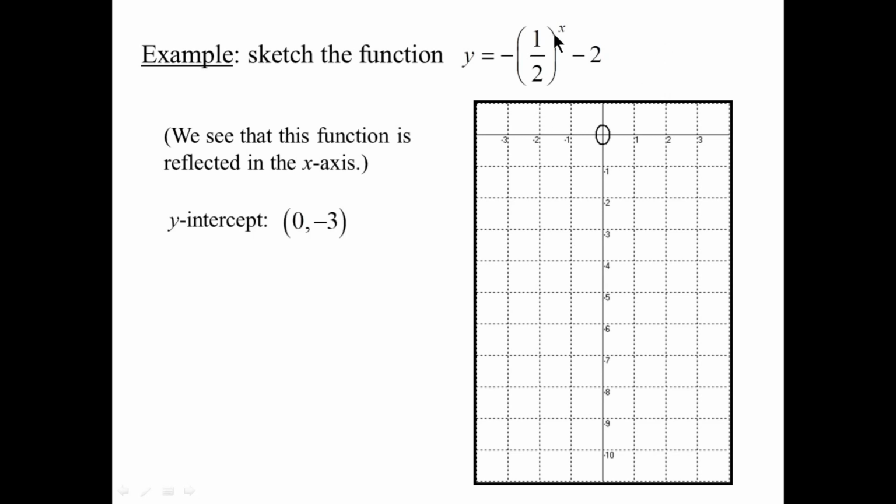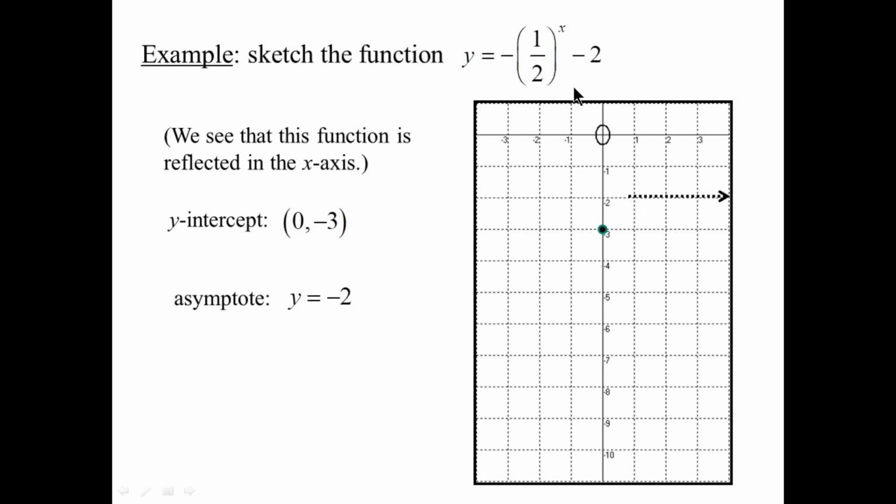The y-intercept is 0, -3, because if you put in a 0 for x here, we have -1, subtract 2, which is -3. So we can put that on our graph, 0, -3. We know the asymptote is at y equals -2. It's always the number on the end, so we can put that y equals -2, and it will be on the right, because this is the decreasing function reflected.